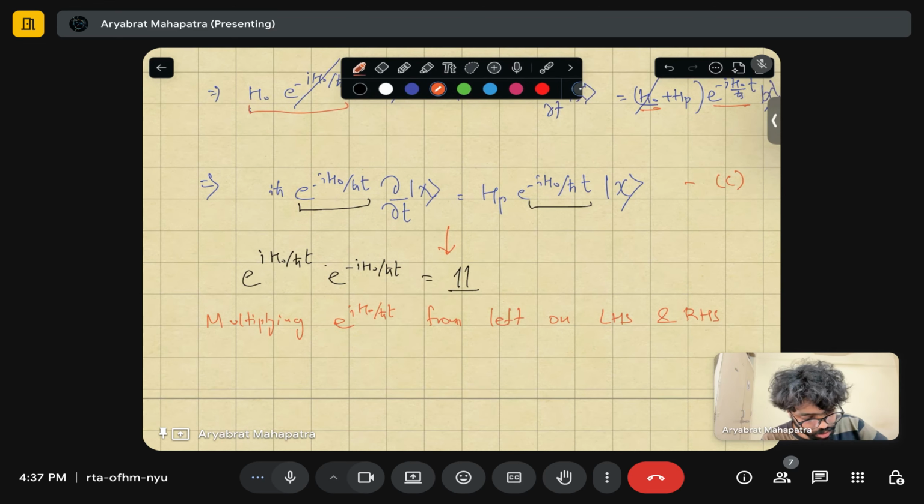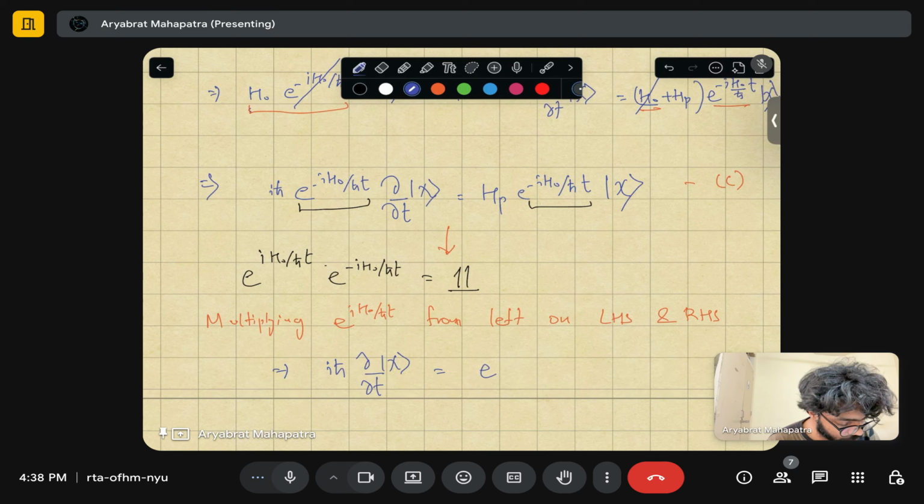I am multiplying exponential I h0 with exponential minus I h0 over h bar t, which is identity. That is true on the LHS. But on the RHS it is exponential I h0 over h bar t hp exponential minus I h0 over h bar t chi.